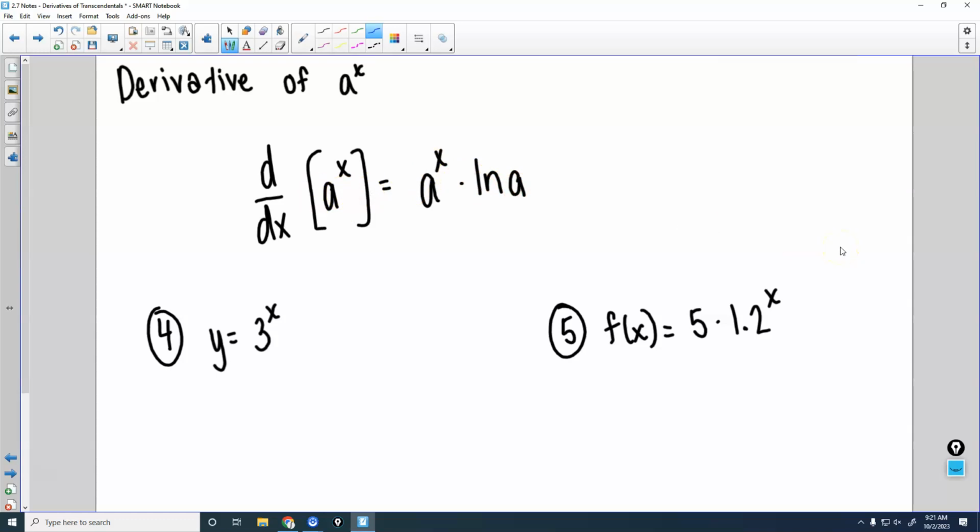So if I'm taking the derivative of 3 to the x, that is going to be my derivative dy dx, or you could call it y prime. Either one is fine. Here the derivative really is just itself, but then you must multiply it by the natural log of 3. Natural log of 3 is a number that you could type into your calculator, so it's going to be a decimal. It's really just that number times 3 to the x power.